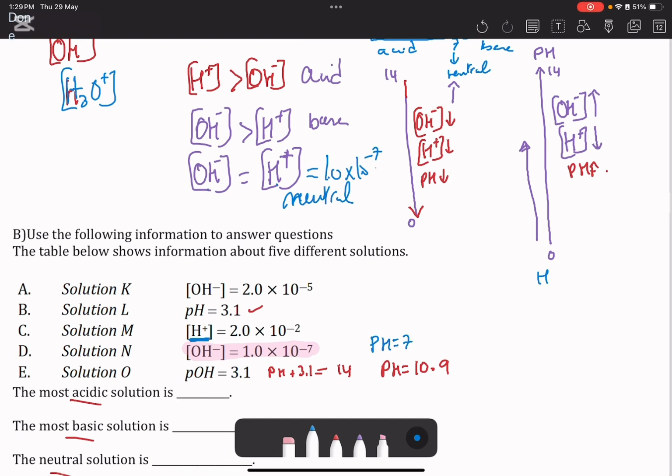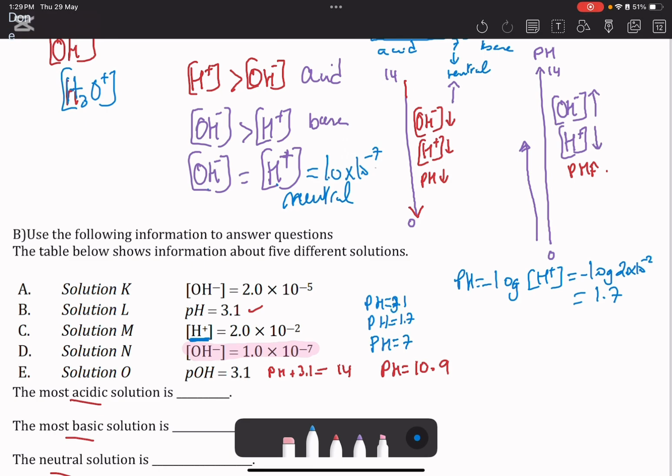So I'm going to plug this into the calculator. So minus log of this value. The answer is going to be 1.7. So here pH equal 1.7. This one pH is given.